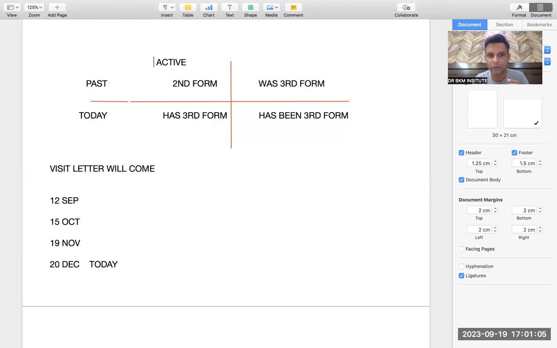So most of the time, what is active? Symptoms are active. The patient suffered from fever. The patient is suffering from fever. The patient has suffered from fever. The patient has complained of pain. So symptoms are always active. The rest of the things are always passive.